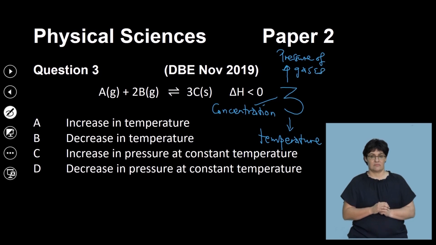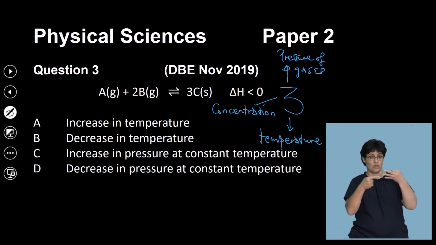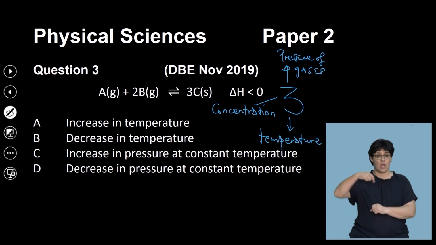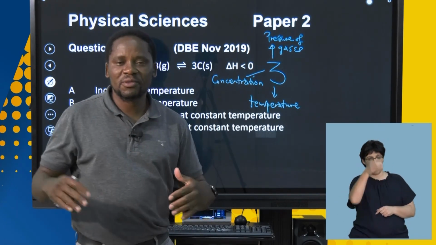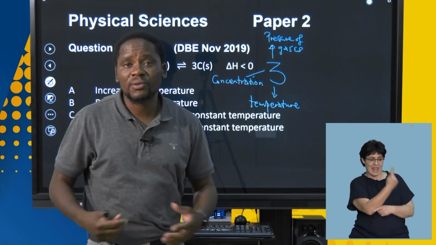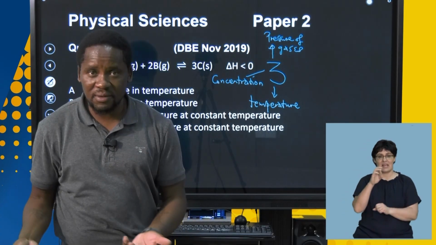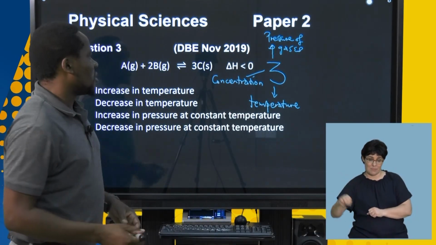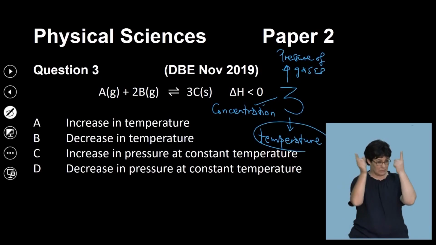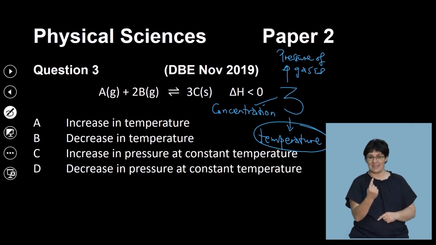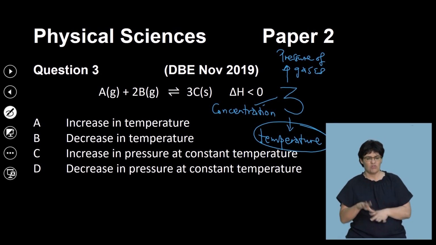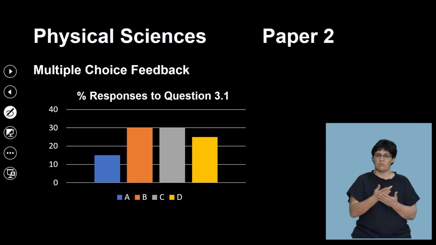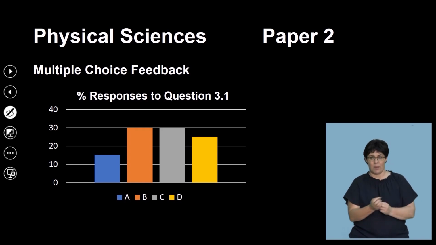In these three factors that affect equilibrium, Le Chatelier's principle is the main concept in terms of explaining how each one of those affects a state of dynamic equilibrium. Remember, temperature is very special because it's the only factor that actually changes equilibrium.